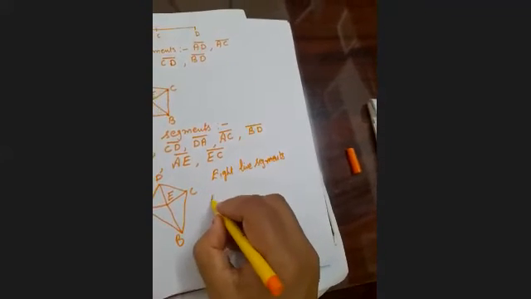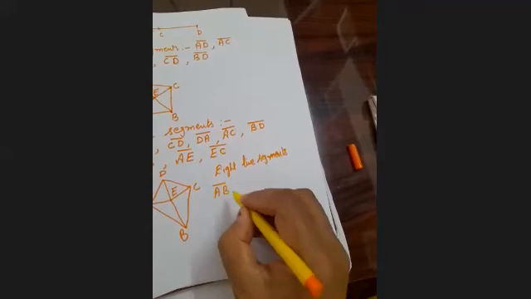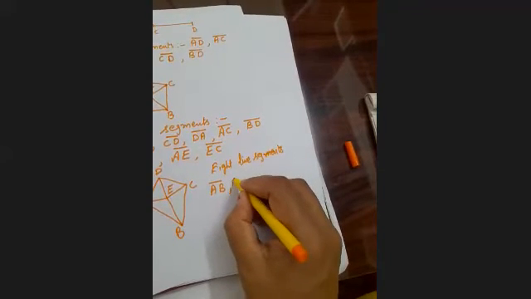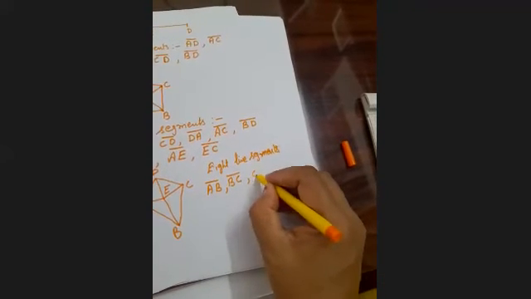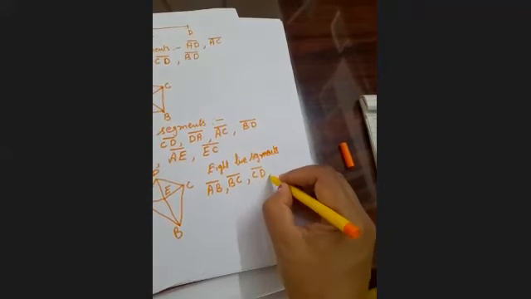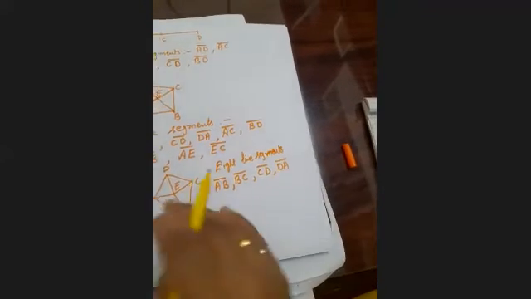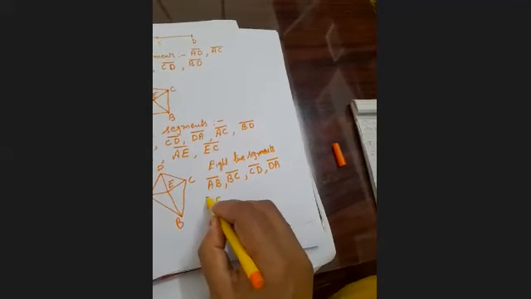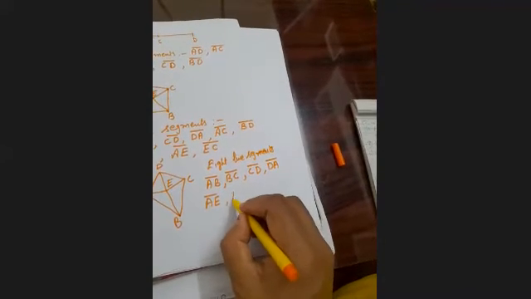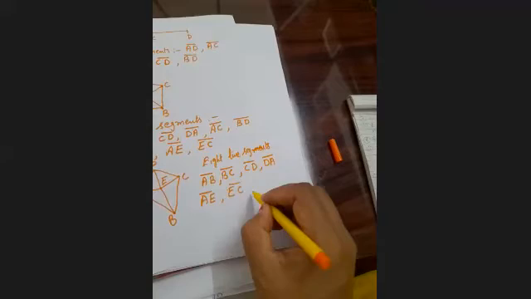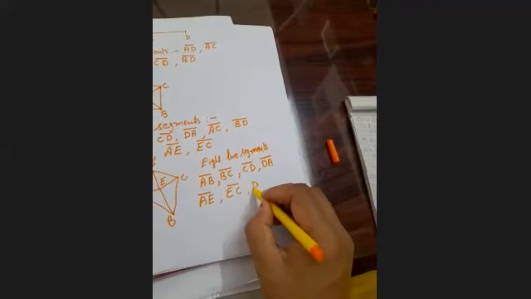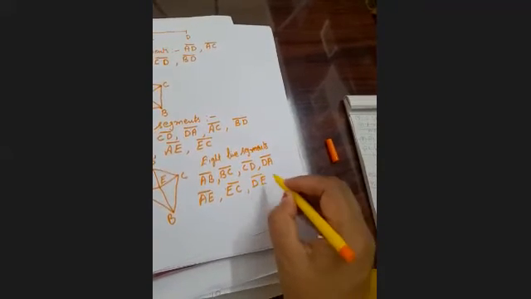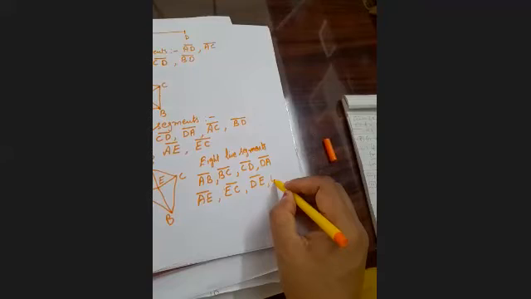Now name them. First is AB, BC, CD, and DA. These are 4 lines. Next is AE, EC, DE, EB. These are 8 line segments in this figure.